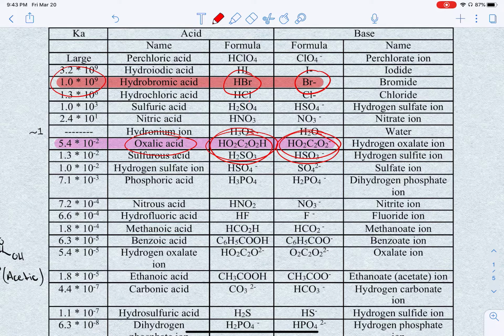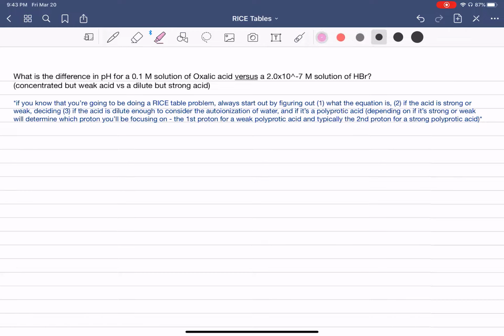Oxalic acid, I see that it's 5.4 times 10 to the negative 7th, which is smaller than 1, and which is smaller than the hydronium ion Ka value, which means it's a weak acid. So I'm going to highlight them here. I'm going to say oxalic acid is weak, and I'll do that in pink, and then hydrobromic acid, or HBr, is strong. I'll do that in red.